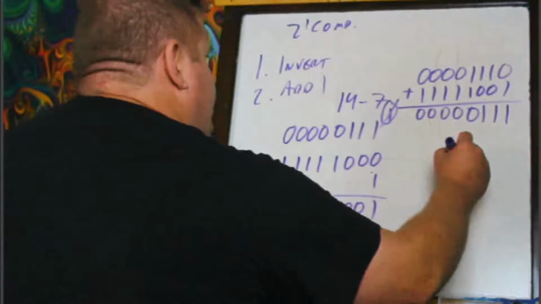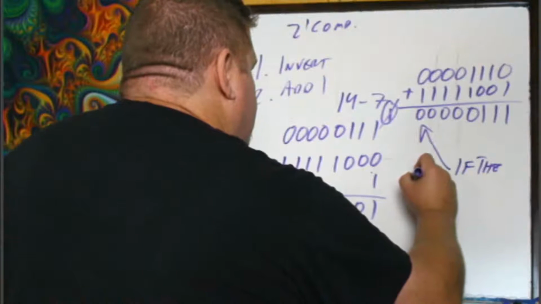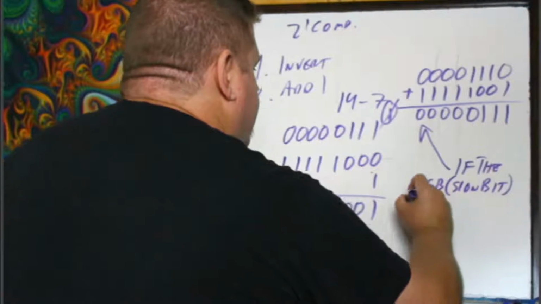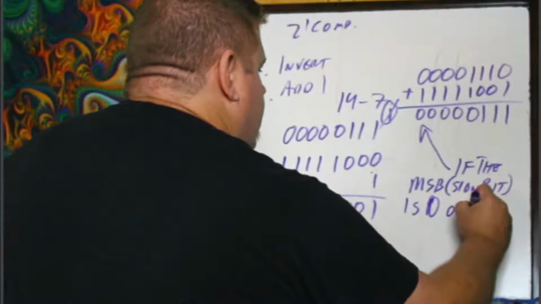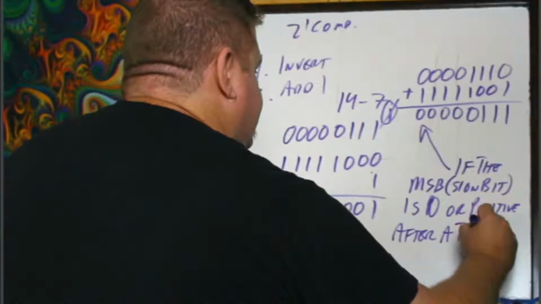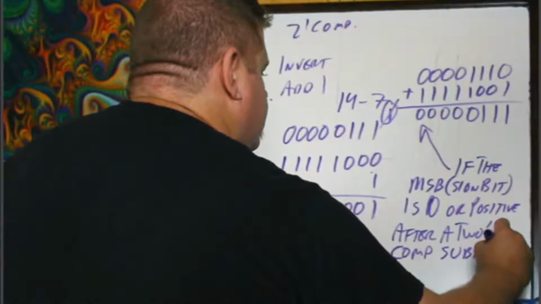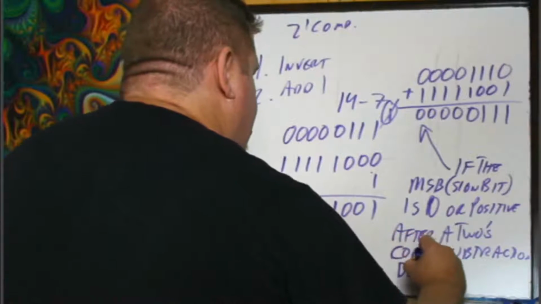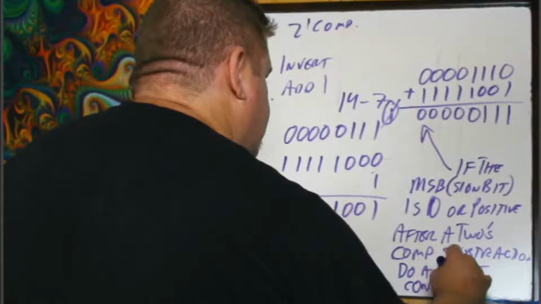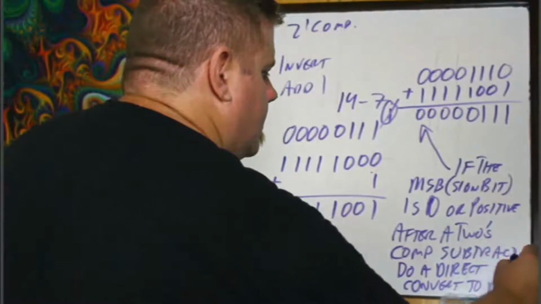So you may make a note here that says, if the most significant bit or the sign bit is 0 or positive after a 2's complement subtraction, do a direct conversion to binary.